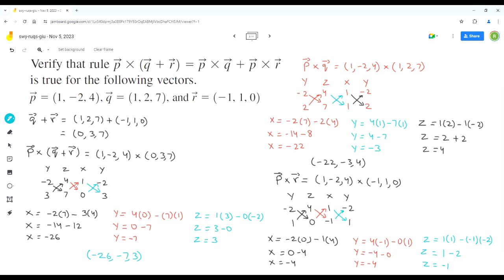So I got z equals -1. So that means the vector that we get from this cross product is -4, -4, -1.